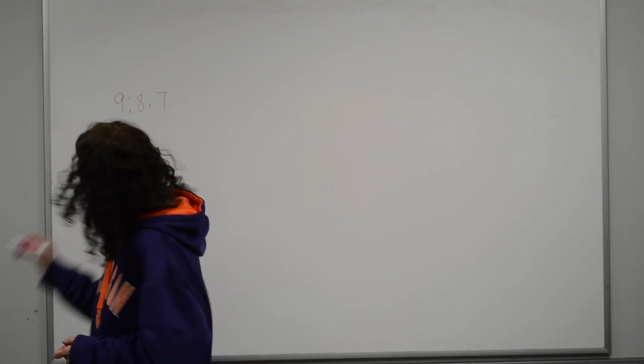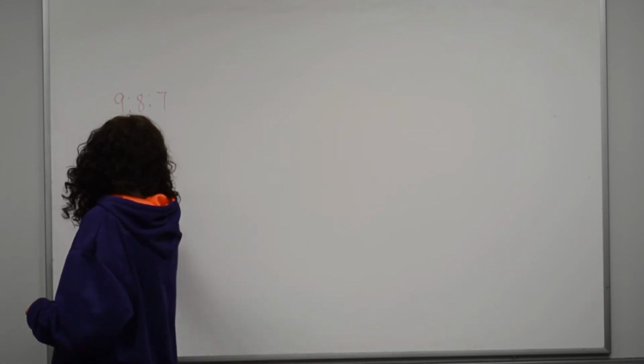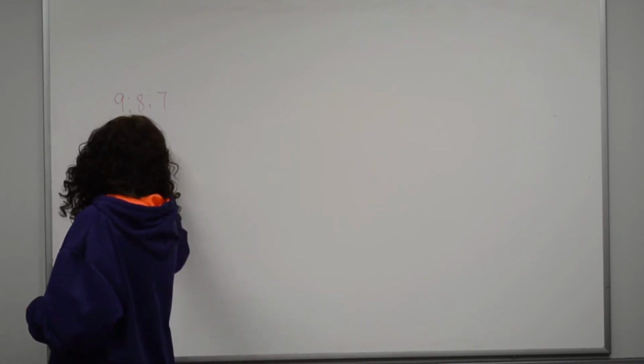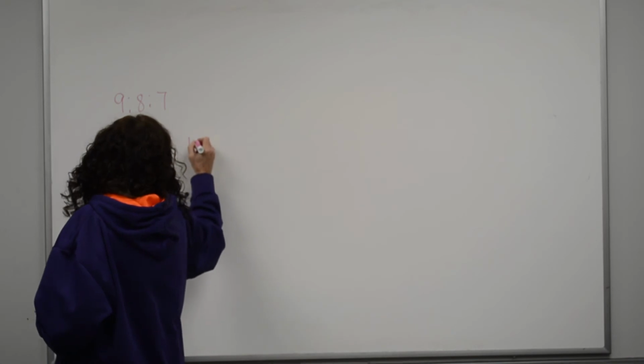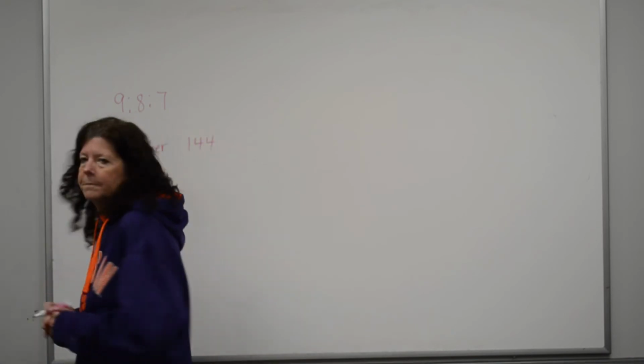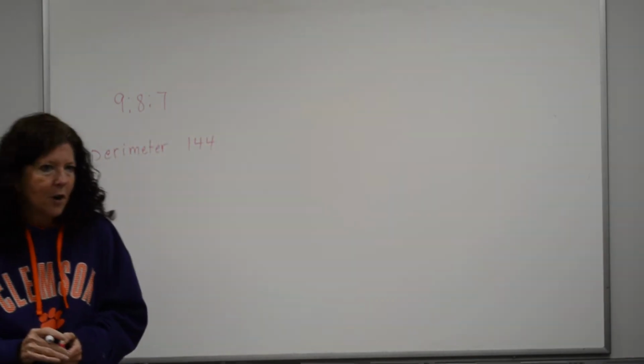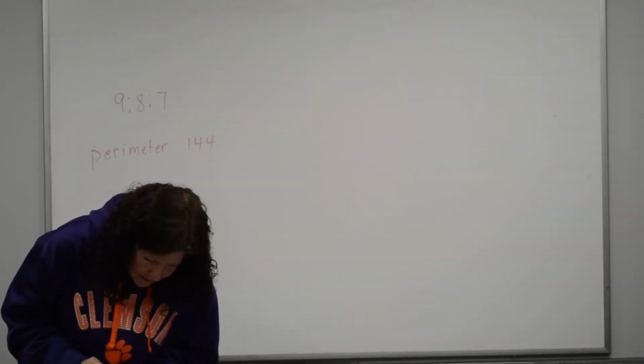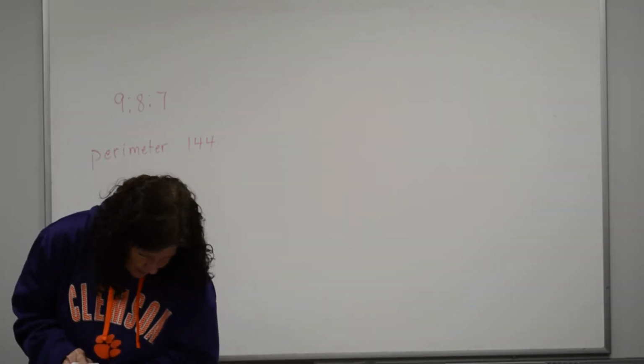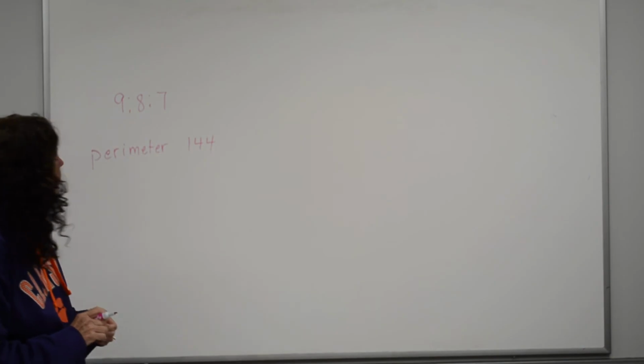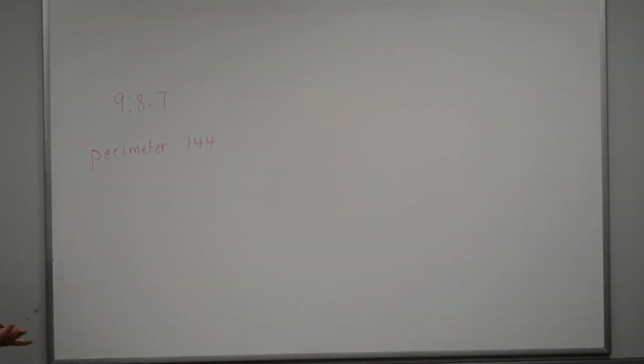It says the perimeter is 144. You with me so far? You can set this up in various ways, but I'm going to set it up the way that we're doing this stuff.